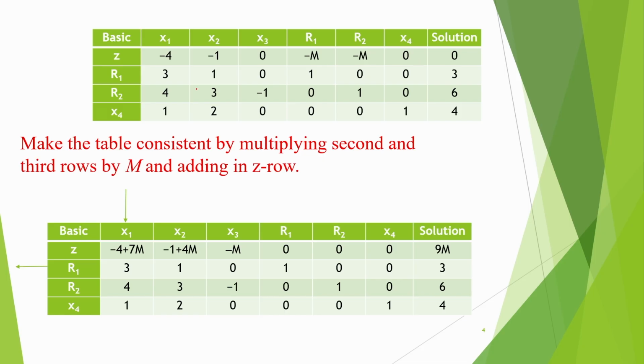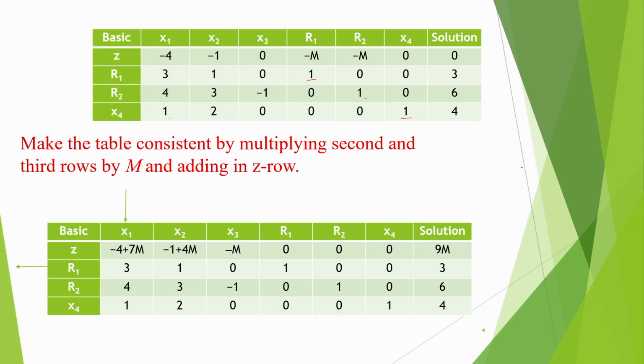The R1 row means the first row, where the coefficient of x1 is 3. So 3, 1, 0, 1, 0, 0, 3, and in this the coefficient of R1 is 1. Then the R2 row means the row in which R2 is there: 4, 3, minus 1, 0, and the coefficient is 1, 0, 6. Then the x4 slack variable row: 1, 2, 0, 0, 1, 4. You see the coefficient of x4 in the column is 1.